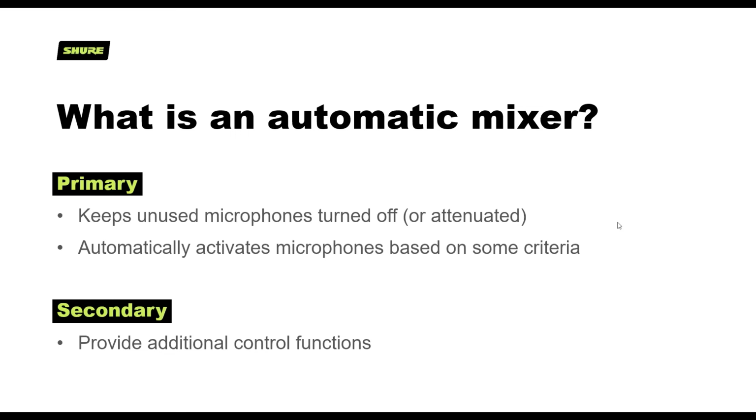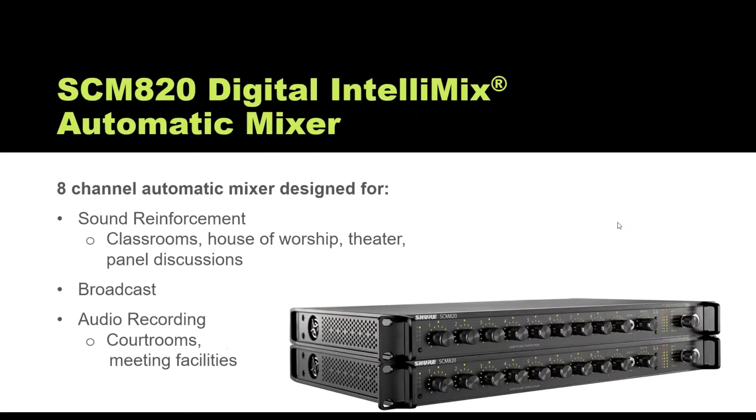There are some additional secondary features to automatic mixers, which we don't have time to go into today. But primarily we want to make sure that it keeps those unused microphones turned off or attenuated. The Shure SCM820 is an example of a digital IntelliMix automatic microphone mixer that works well in all of these applications. But I'll mention again, this is really for speech applications.